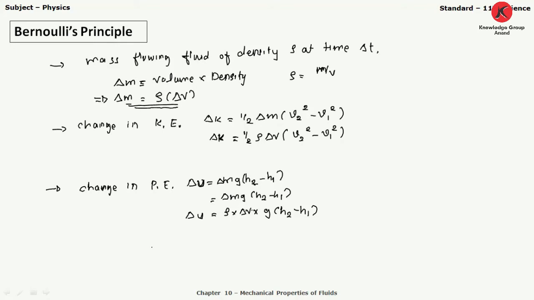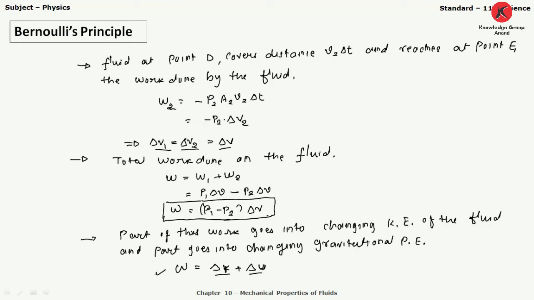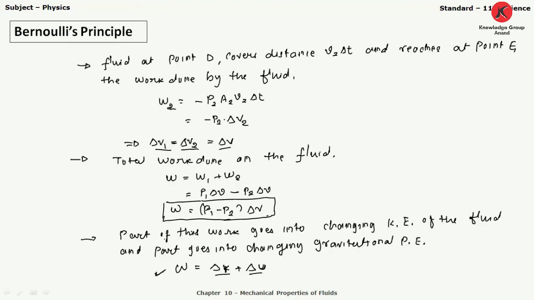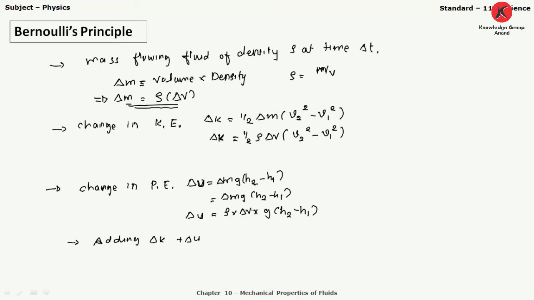Now we know the equation for total work done W, which is W1 plus W2, and the equation for total work done W is also delta K plus delta U. We also have the equation for total work done W, which is (P1 minus P2) into delta V. Now we can equate, adding delta K plus delta U and equating both equations of work done.